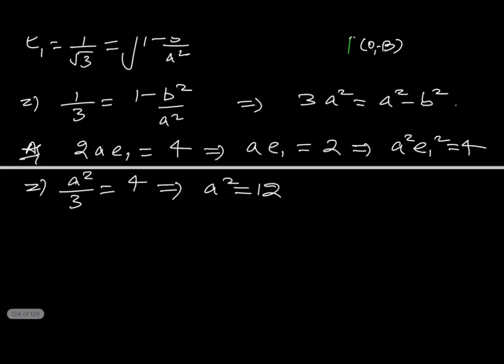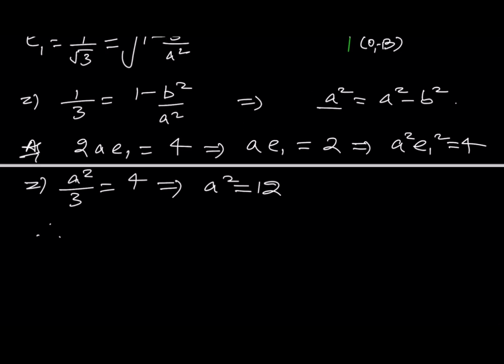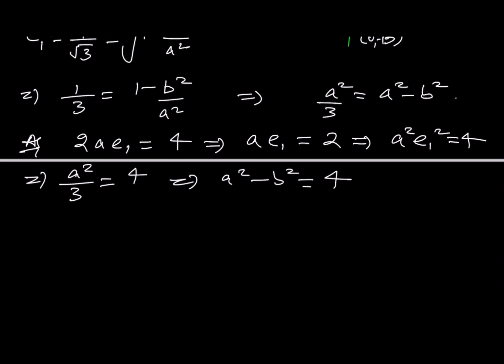So from here, sorry, actually a square by 3 is equal to a square minus b square. So a square by 3 is equal to 4. So I can directly write a square minus b square is equal to 4, okay, and from this we can get a square is equal to 12.